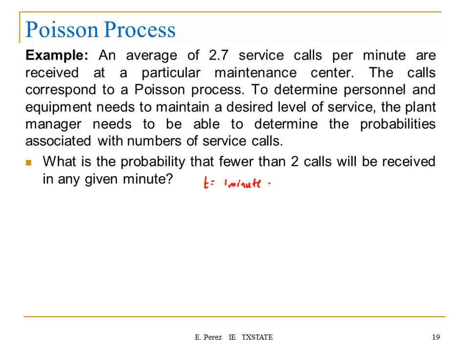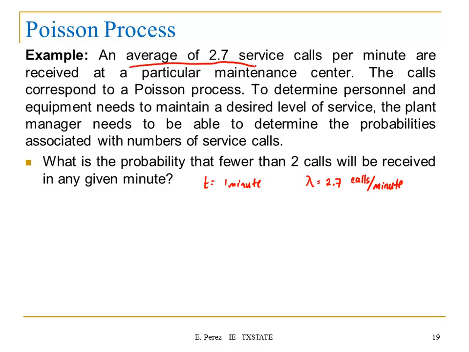What is the average number of service calls per minute received at a particular maintenance center? 2.7. So we know that this is lambda equals 2.7, and this is calls per minute.